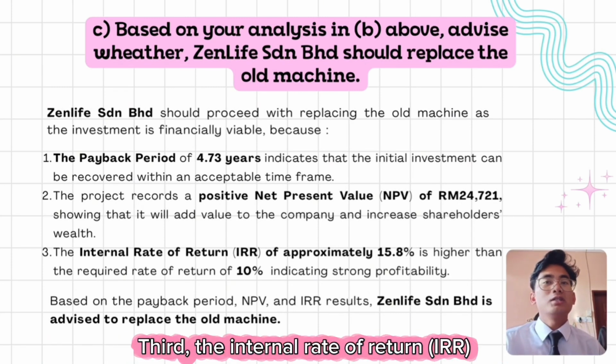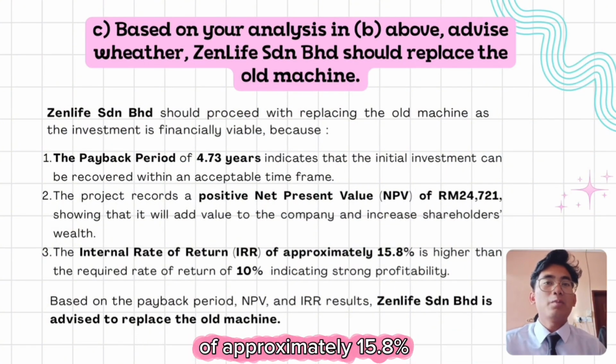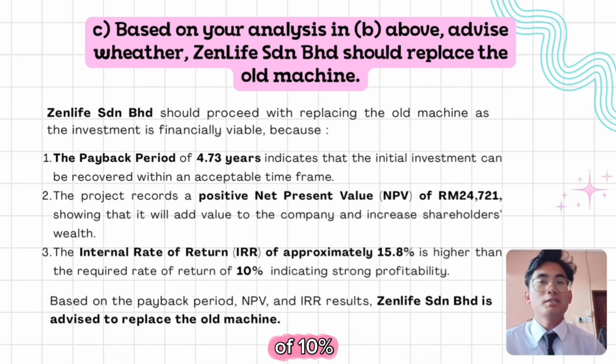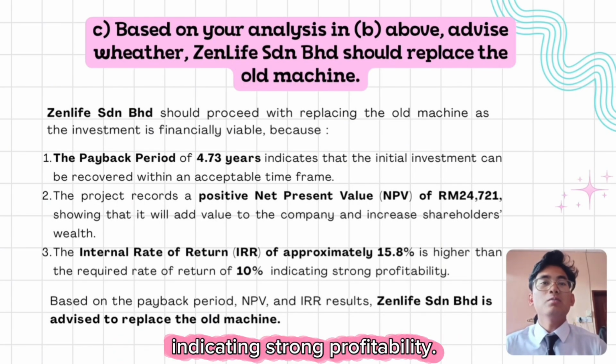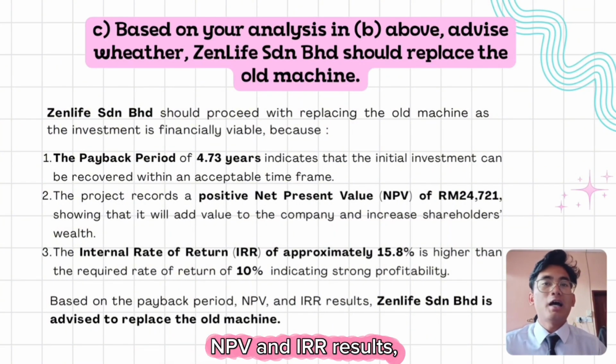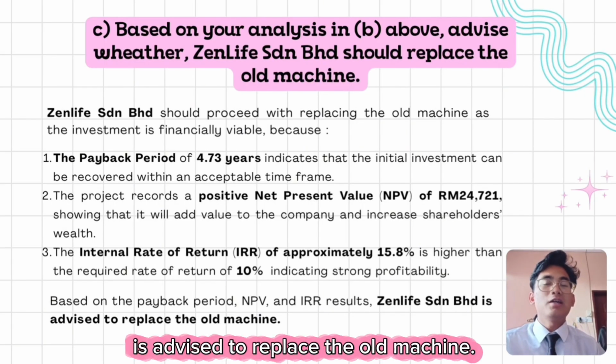Third, the internal rate of return IRR of approximately 15.8% is higher than the required rate of return of 10%, indicating strong profitability. So, based on the payback period, NPV, and IRR results, ZenLife as the MBHD is advised to replace the old machine.